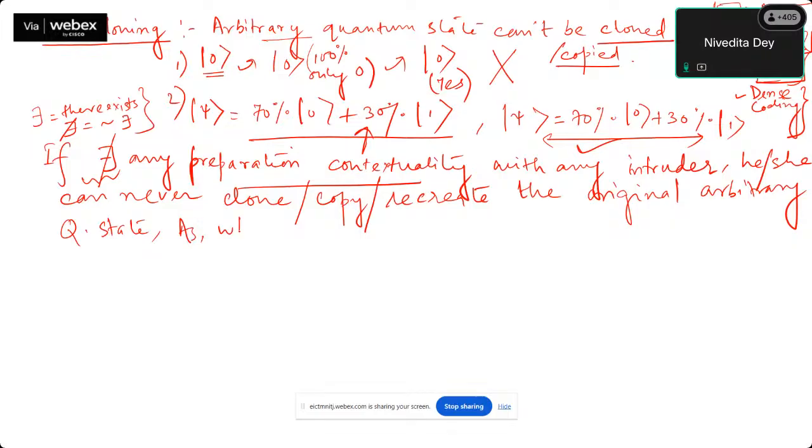Whenever Eve receives it, she has to measure it.